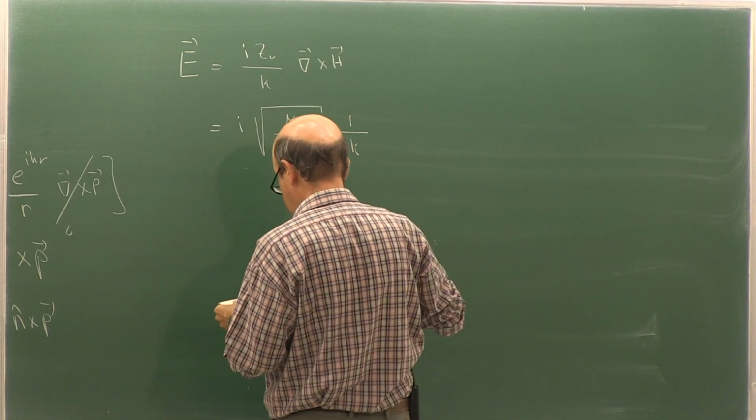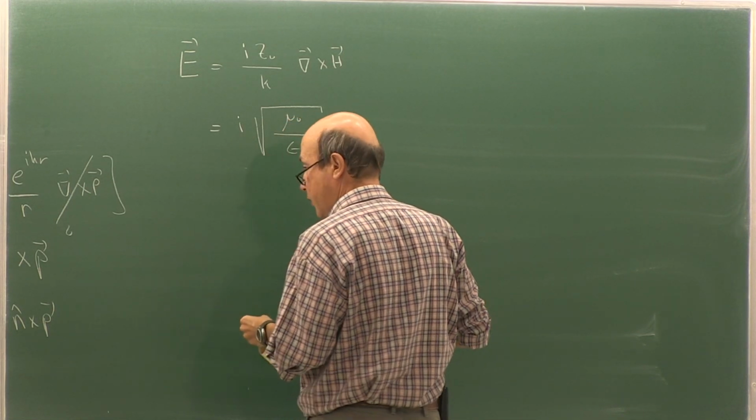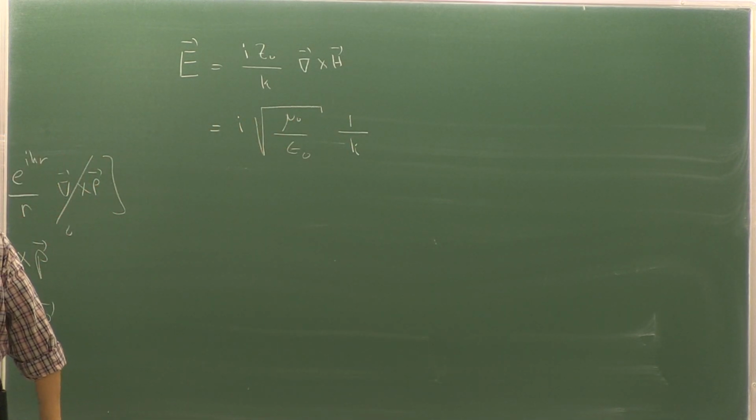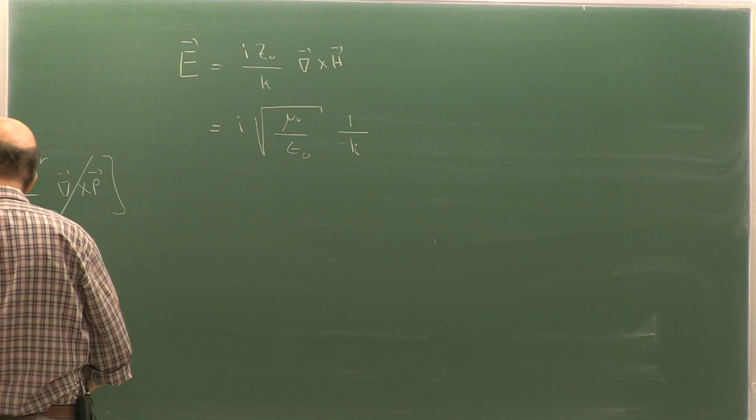The first term is the impedance of free space, and what else? I have to calculate the curl of H, and H is here. So let me take the coefficients outside.